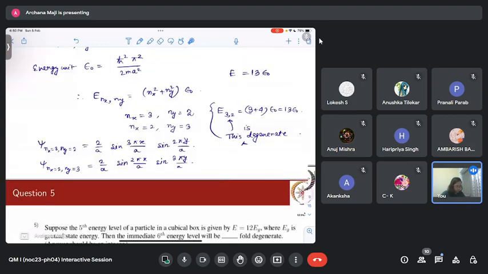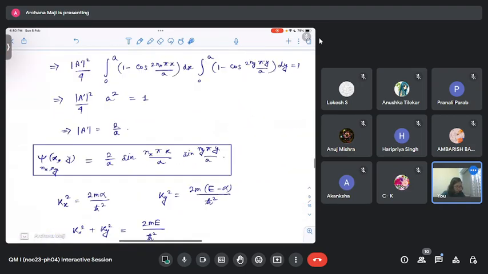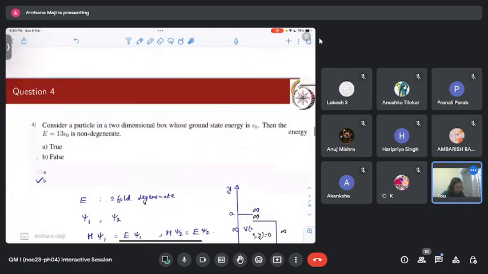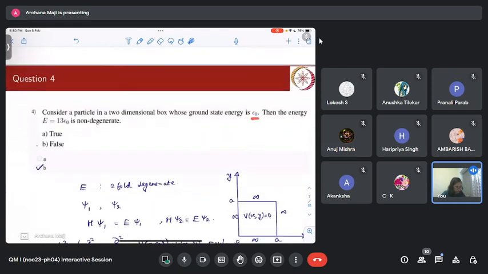By the way, for this problem, the question says epsilon 0 is the ground state energy and then E is this much. But if it were the ground state energy, then it would have been h cross square pi square divided by twice m a square, then 1 plus 1.